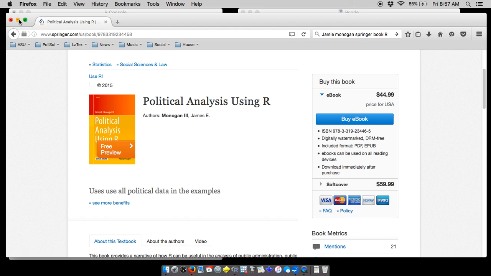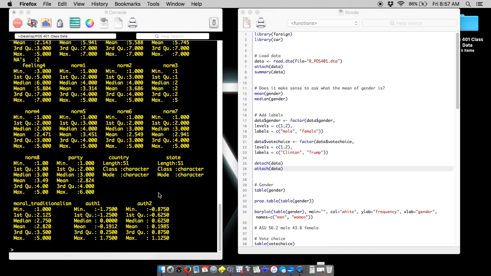This is a really good book written by a political scientist that will walk you through how to download R to your computer, through doing basic techniques of statistical analysis that we'll learn in this course. And again, R is a great skill to learn. It's in high demand on the job market. People from data companies in Silicon Valley to corporate companies are using programs like R and SAS and Stata to analyze data, just like we'll learn how to do a little bit of in this course.